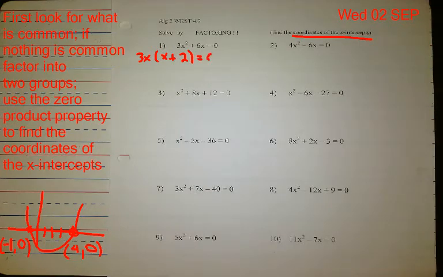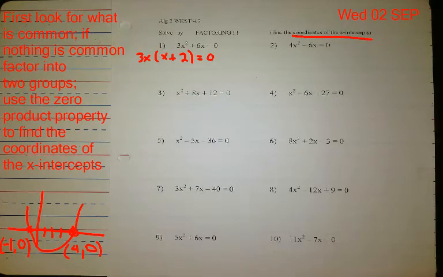Right? Now then, if we apply the zero product property, remember, if this side times this one equals 0, that means this one could be 0, or this one could be 0. All right? So what makes this side equal 0? Well, that's a negative 2. And what makes this side equal 0?